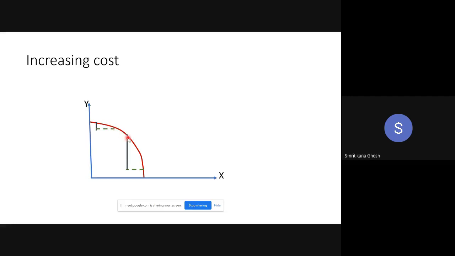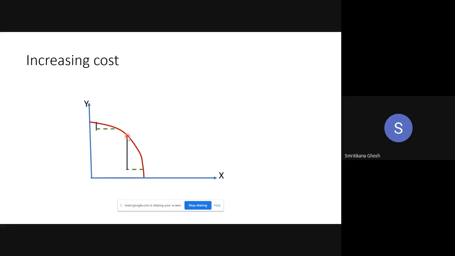But when you are here and trying to move here, look, you have already produced a significant amount of X and still you are increasing your X production. Again, you have to reduce your Y production, right? Because you don't have any excess resource. Now the question is, who are leaving Y now?